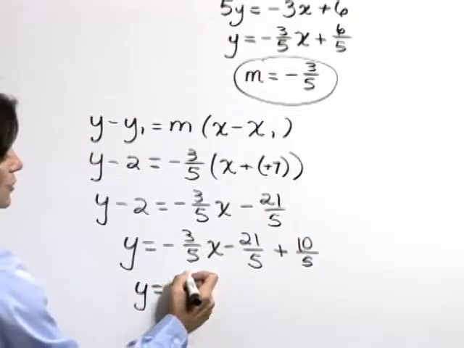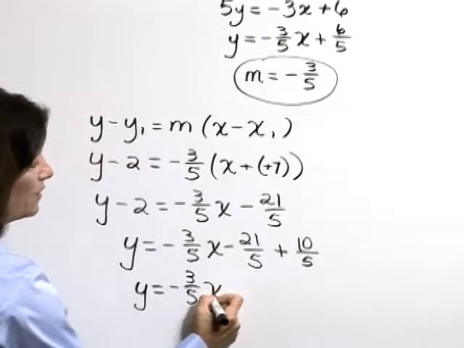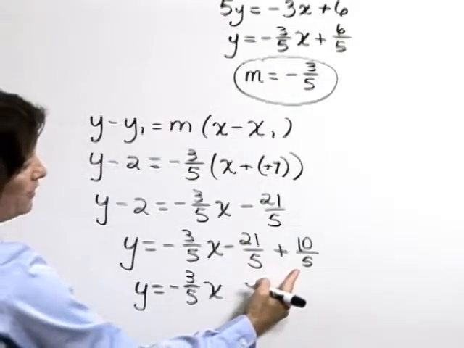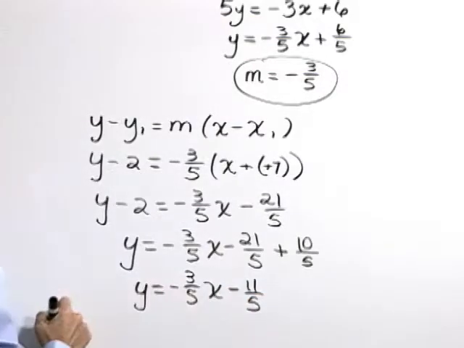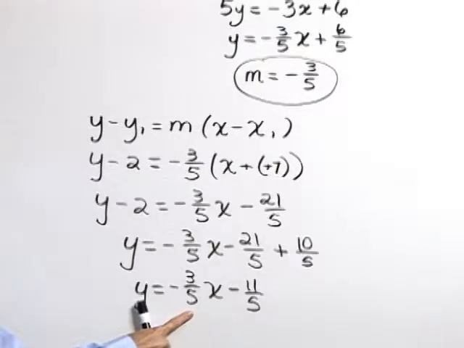So y is equal to a negative 3/5 x. Negative 21/5 plus 10/5 is a negative 11/5. Therefore, our answer to part A is y is equal to negative 3/5 x minus 11/5.